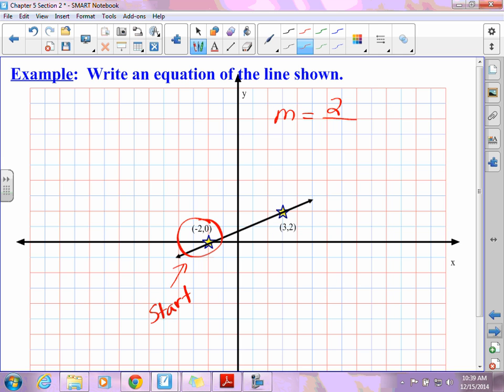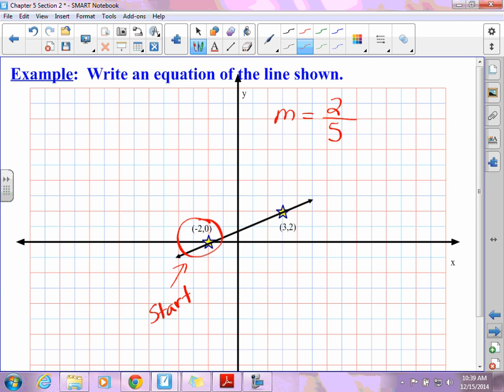Okay. Now, I can also take the ordered pairs and do my x1, y1, x2, y2, and do the whole slope thing. I can use my formula if I wish. But because they give me the graph, it's kind of easy.